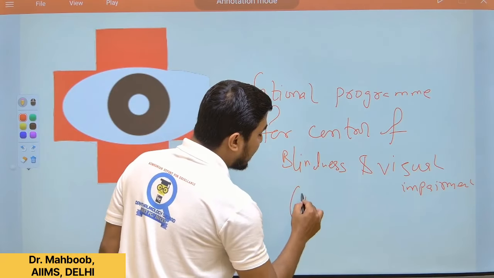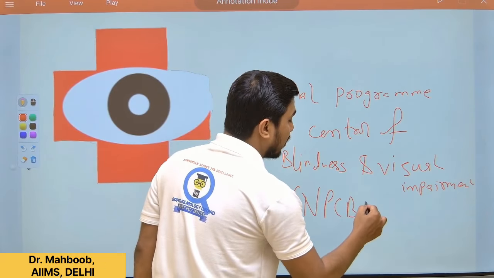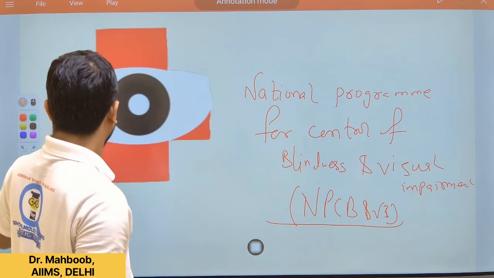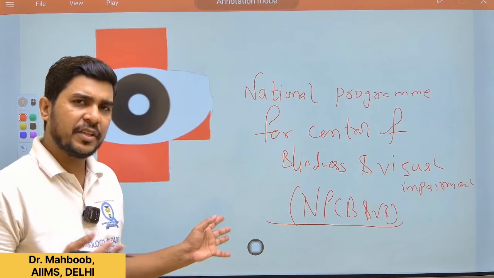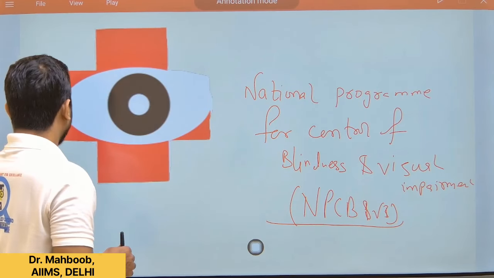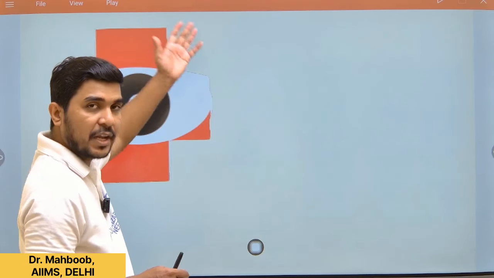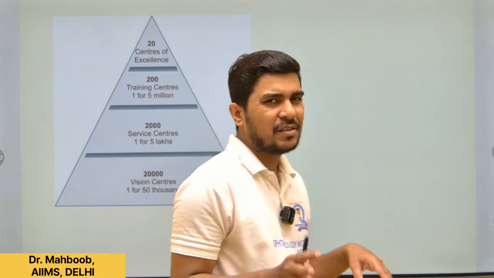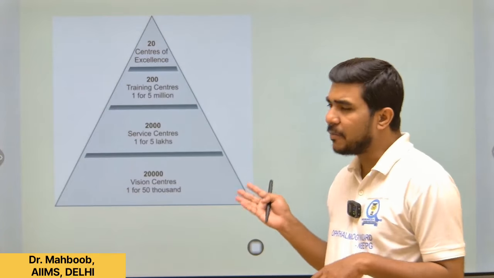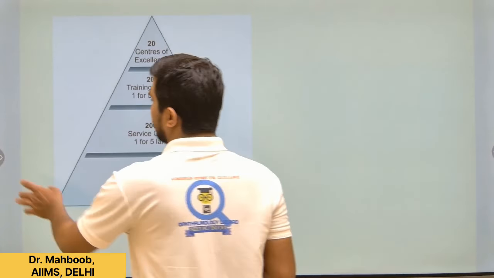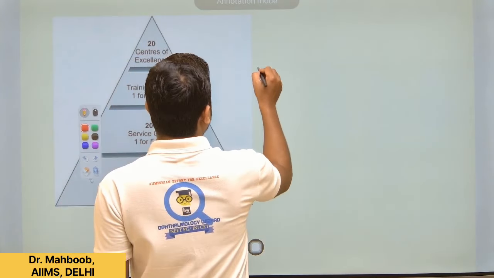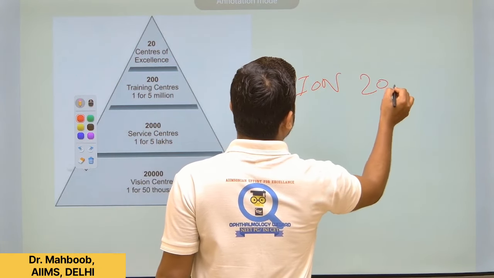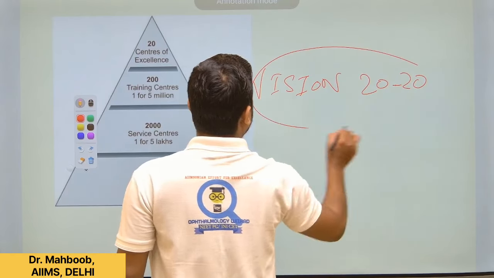We can write it as NPCB-VI. There are so many things we will discuss under this NPCB program in our separate section. What is this pyramid for? Nothing to be afraid of. It's the pyramid of Vision 2020. Got it?